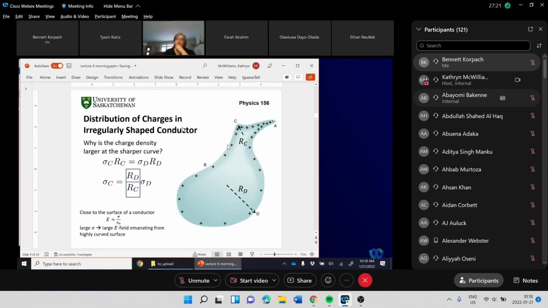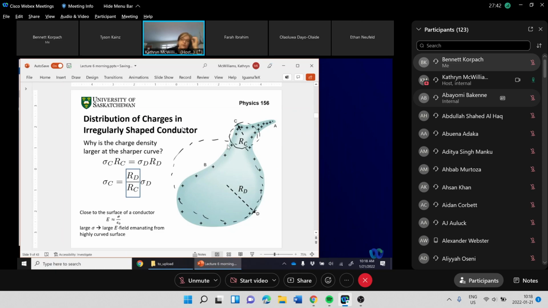Okay, I'll go here. If we rearrange this, the radius of these circles, this is the effective radius of this circle here, RD, and RC is very small.